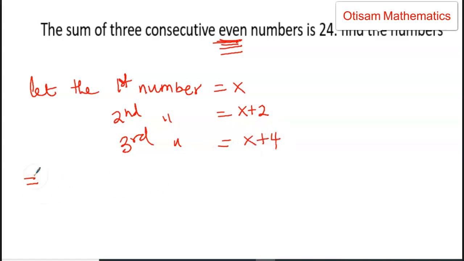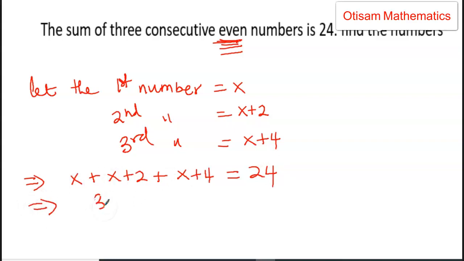So this implies that x plus x plus 2 plus x plus 4 is equal to 24. So we group the like terms. x plus x plus x is 3x, 2 plus 4 is 6, equal to 24.